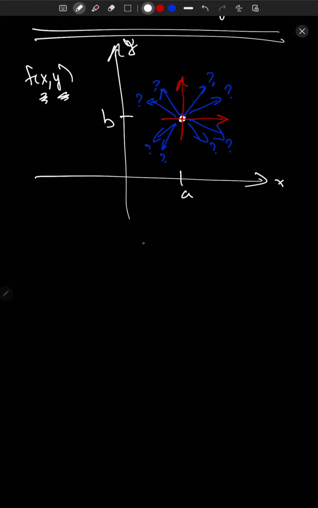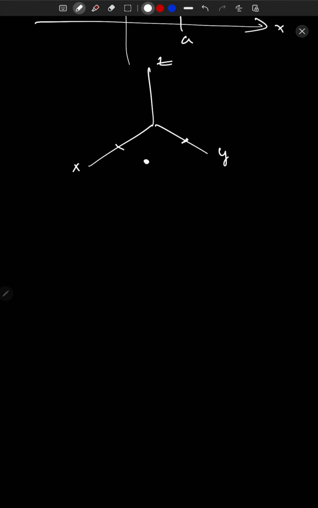For example, I can easily make up a function of x, y, z. I'm just going to do a graph. Here's a, b, my point of interest, right? I can easily make up a function where f is constant here, let's say constant value 0 there, and constant value 0 here, okay?